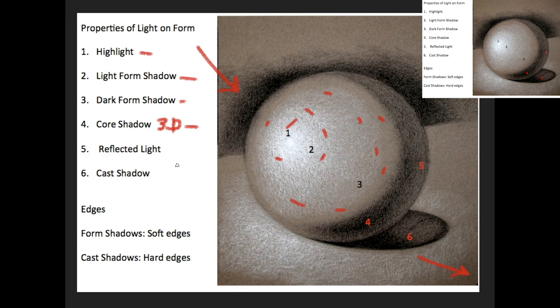And what I love about it so much is also, once we start defining the core shadow, after our block in, it also helps us define more fully the reflected light back in here on number 5. So number 5 is created all through here where my dots are, even behind this core shadow. It's lighter than the core shadow, and it's being reflected from the light off of the exterior outside surface back onto the object.